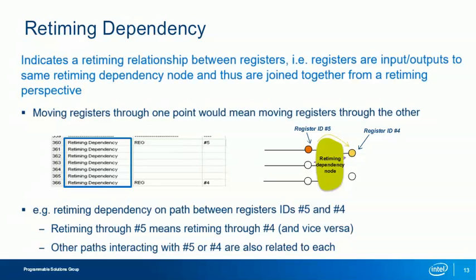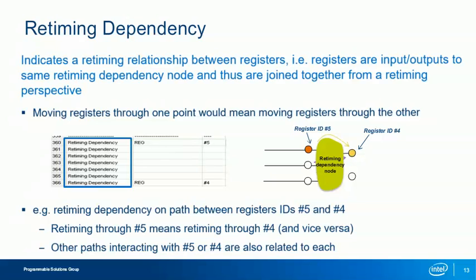So this retiming dependency effectively locks those other path segments together from a retiming perspective, even if the segments do not intersect directly within the critical chain. Again, due to the dependency, retiming one segment means you have to retime the other.